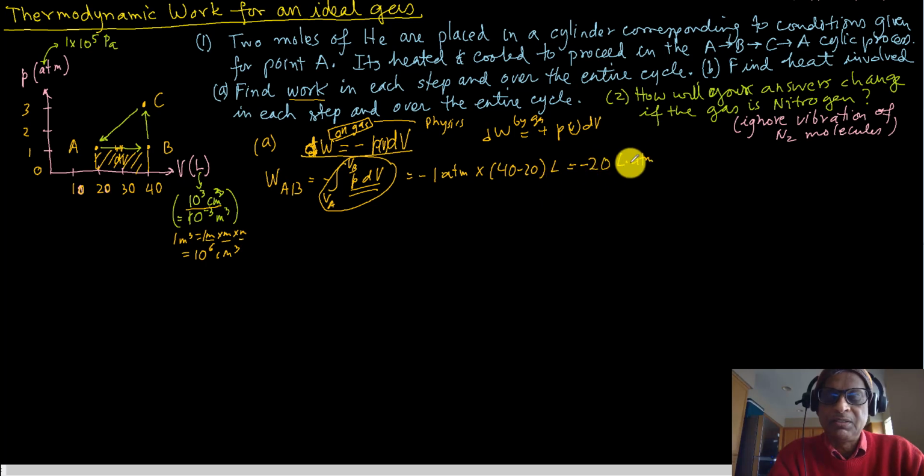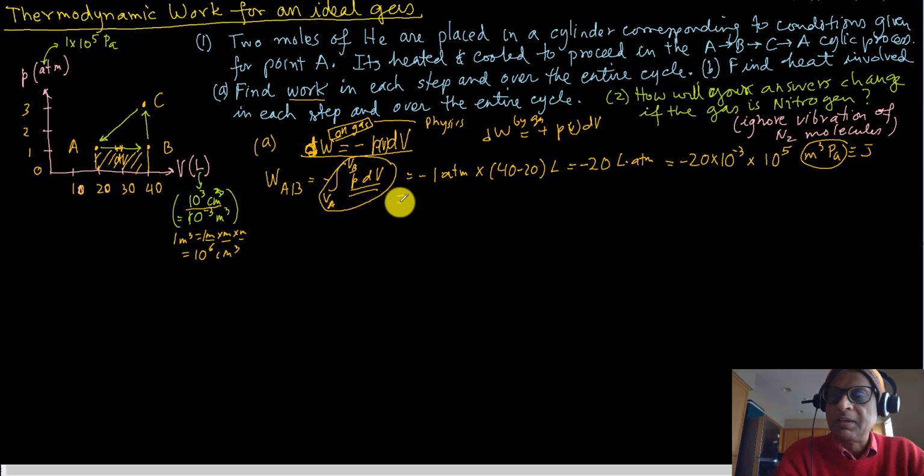We can convert liters to meter cube and atmosphere to Pascal: minus 20 times 10 to the minus 3 to go to meter cube, and 10 to the power 5 to go to Pascal. Meter cube Pascal is the same as joules.